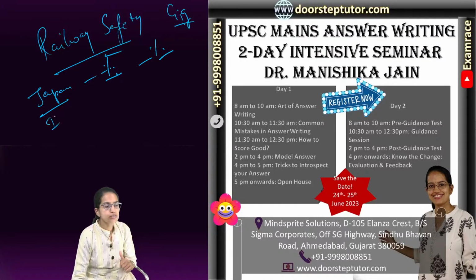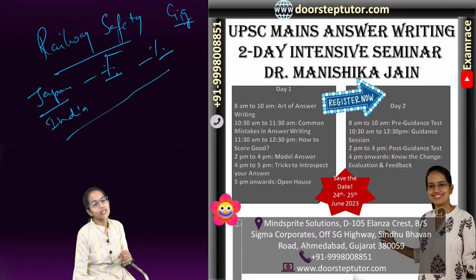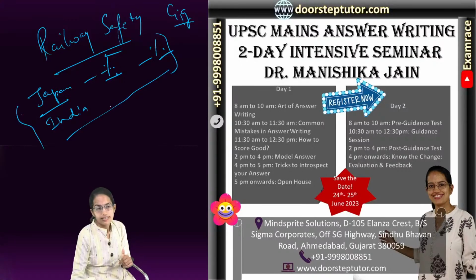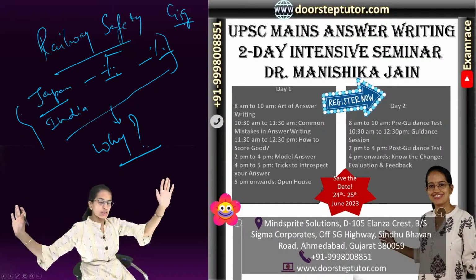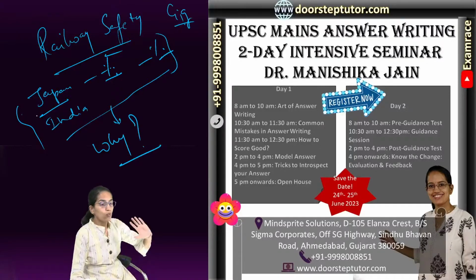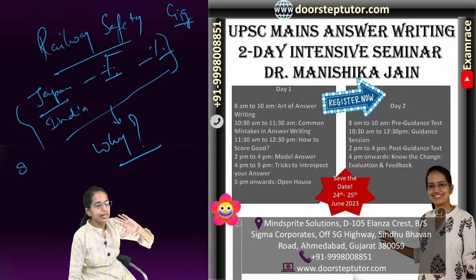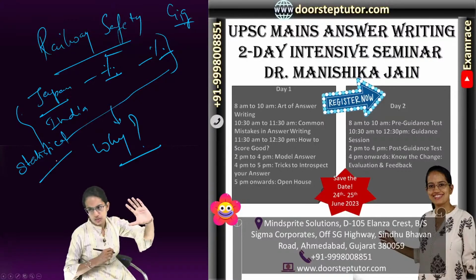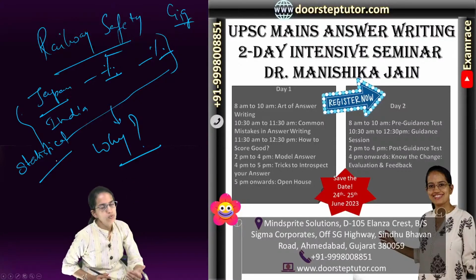However, in contrast to this is the scenario for India. Now, keeping this in mind, why railway safety is such a huge concern becomes an important way of answering. So, one good way could be to bring in the statistical comparison or analysis in the very first introduction and then proceed with the answer.